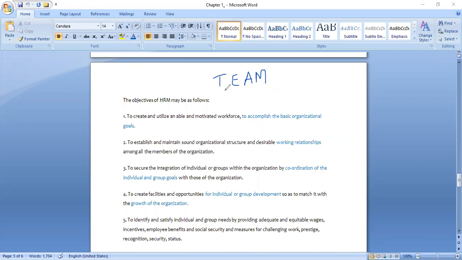So team here means together, everyone achieving much.